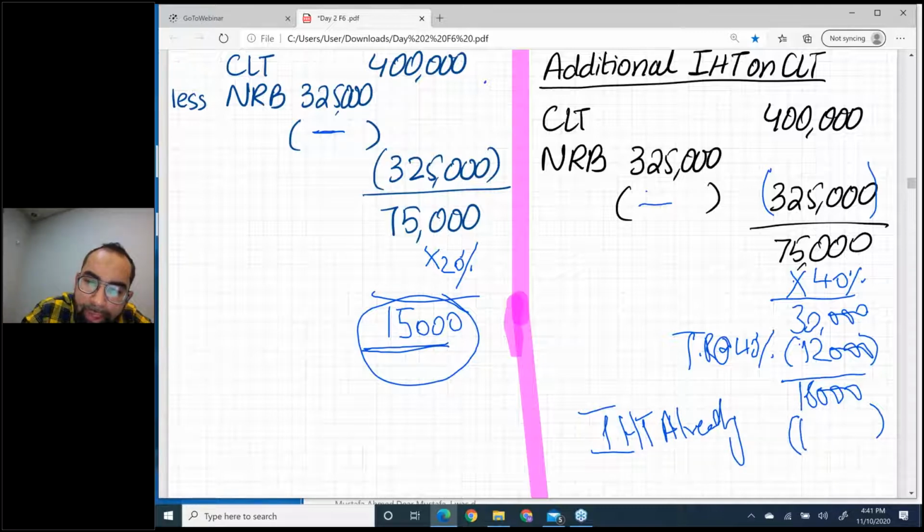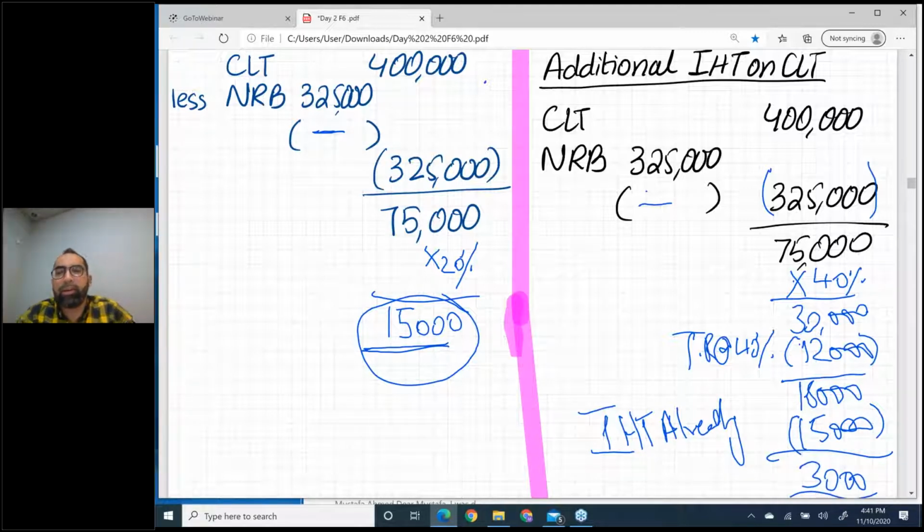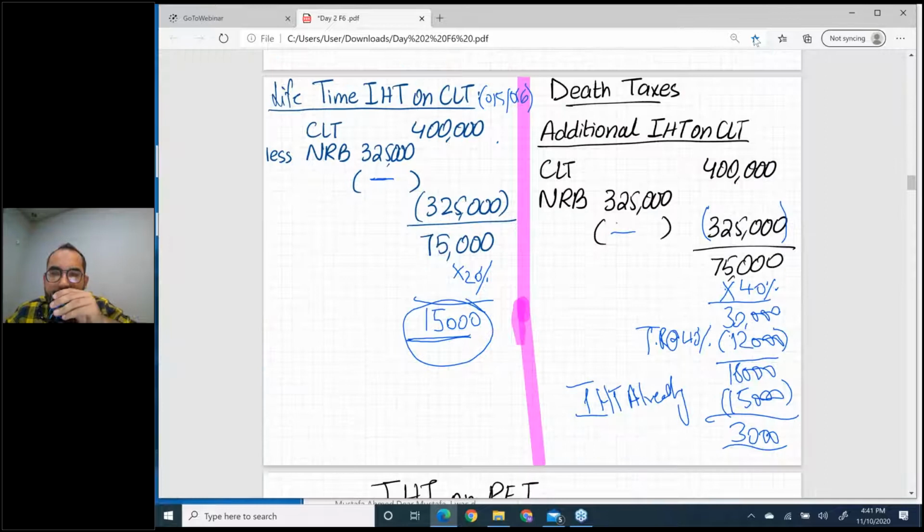This is, I think, 15,000. So the final amount is 3,000. So this is your additional IHT on CLT. The first death tax is ready. The question is not done yet.